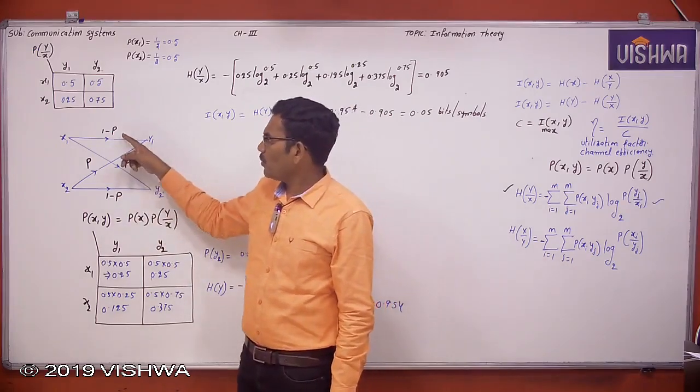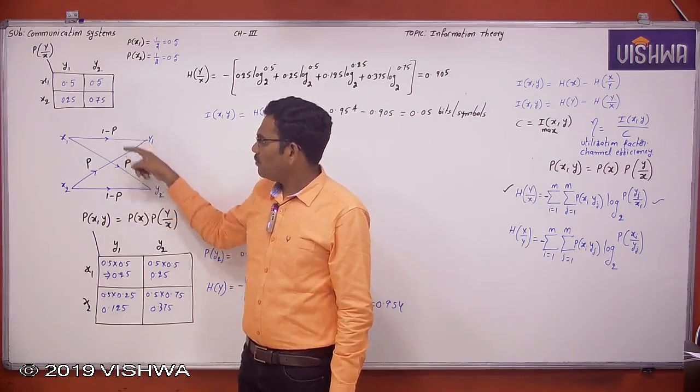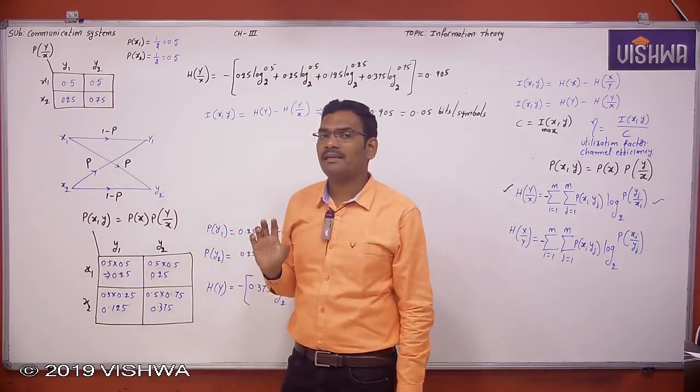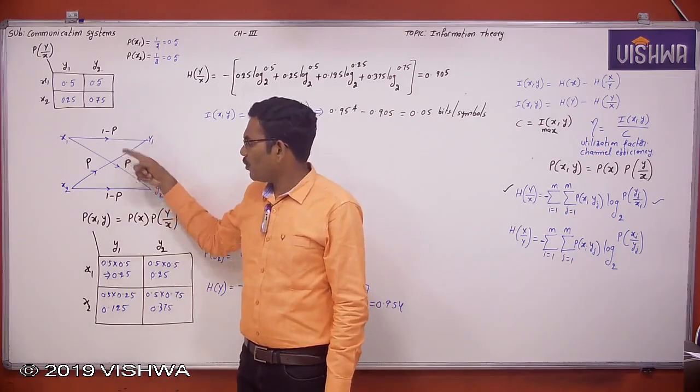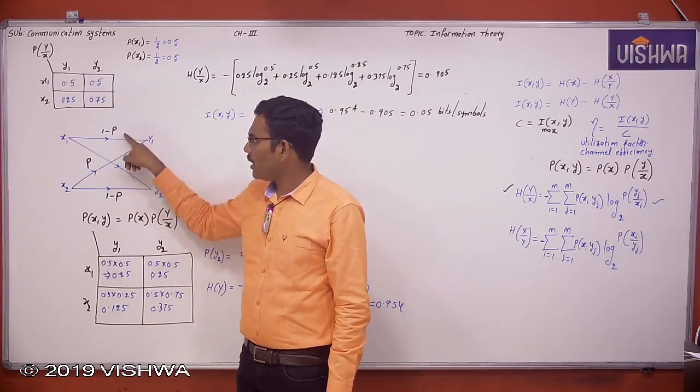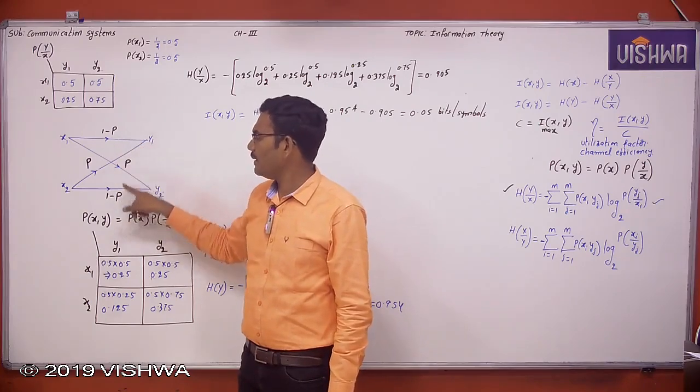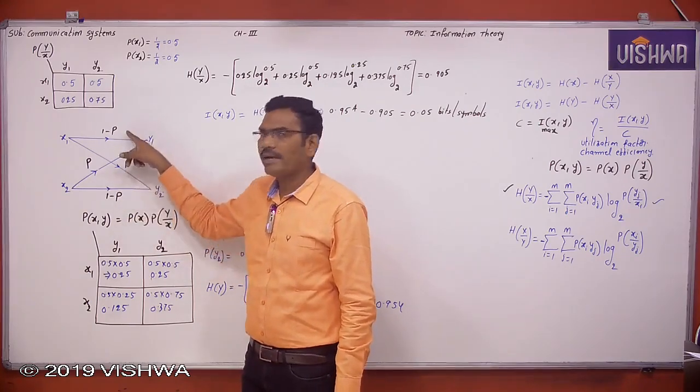If the error probability is the same for both the channels, then that particular channel is called a binary symmetric channel. Here the error probabilities are 0.5, 0.5, 0.3, 0.3, 0.5, 0.5, 0.6, 0.6.